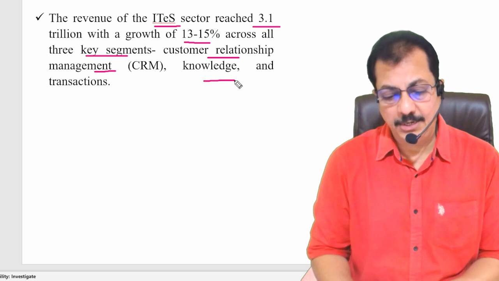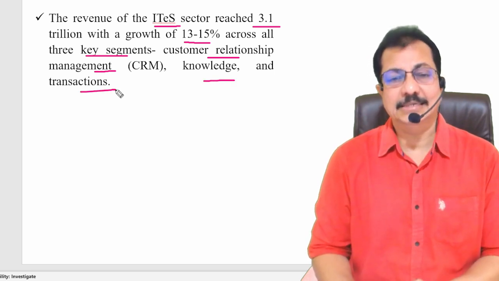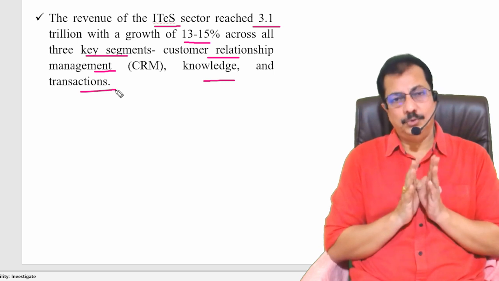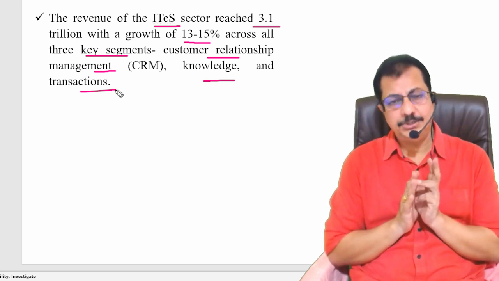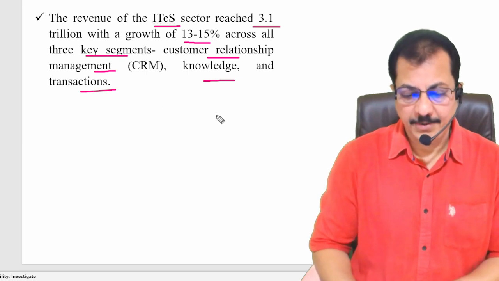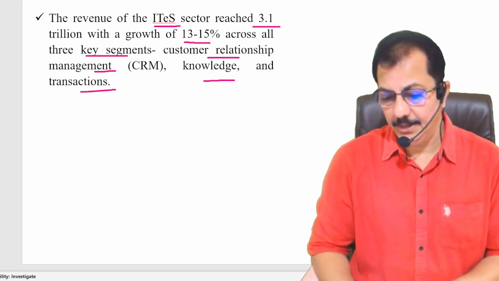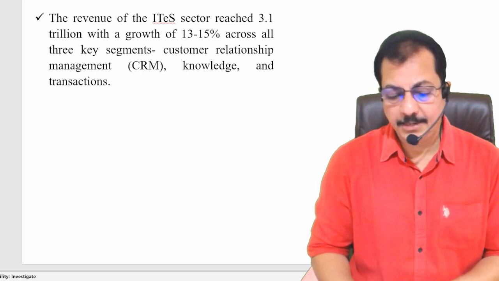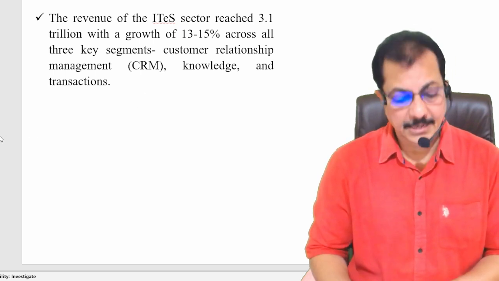Second is knowledge, and third is transactions. Please write this down very clearly. So CRM, knowledge, and transactions. Very important one. These are considered to be the key segments under ITES.